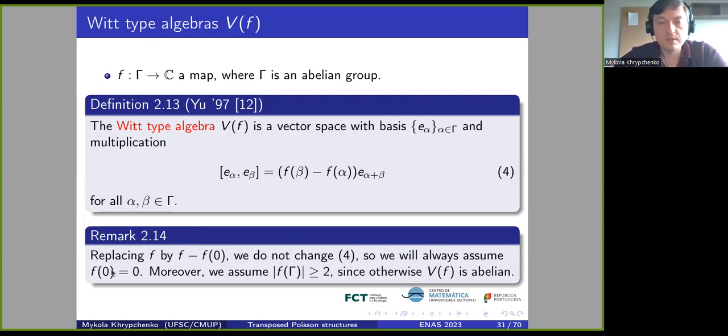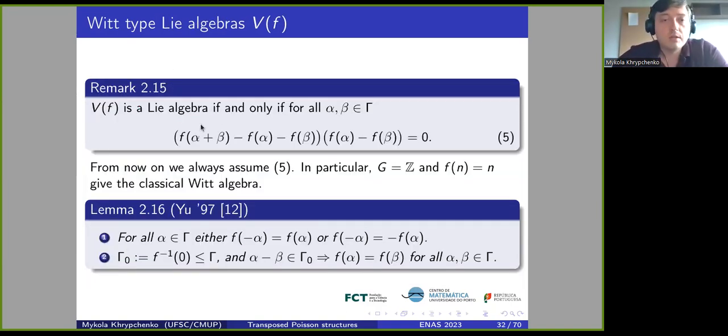So we can always assume that F of 0 is 0, and we can also assume that F takes at least 2 elements, because otherwise this product is trivial and this Lie algebra is abelian. Okay, so this is the condition that this map should satisfy to give you a Lie algebra. So this vector space is a Lie algebra if and only if the following holds.